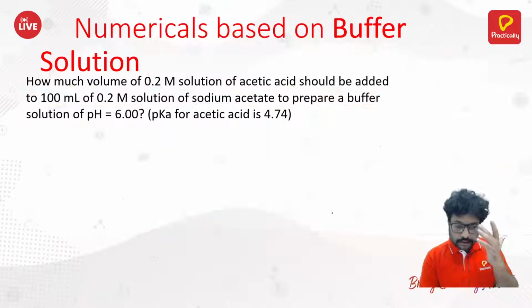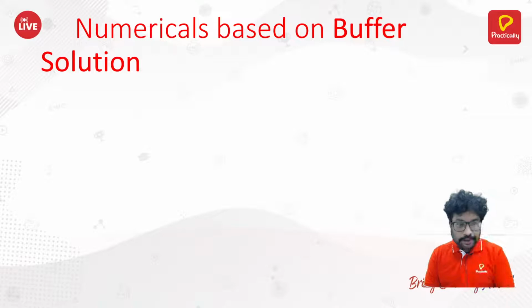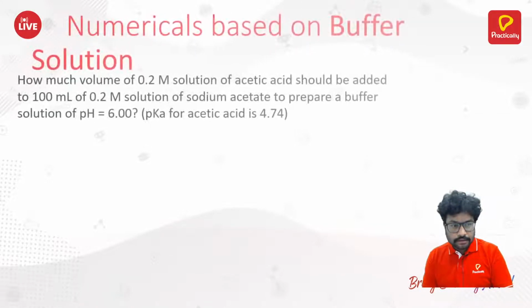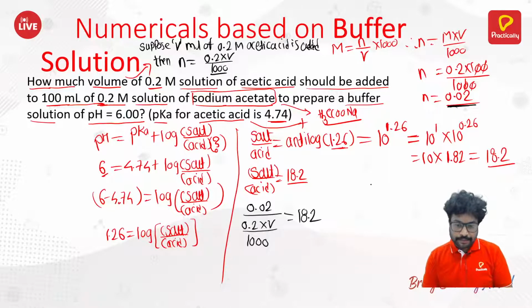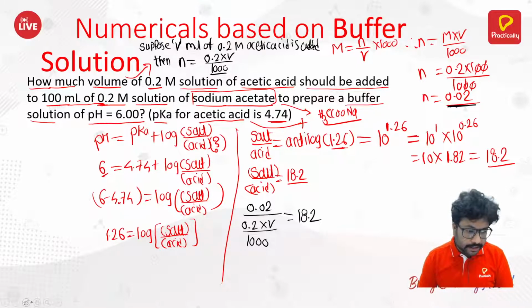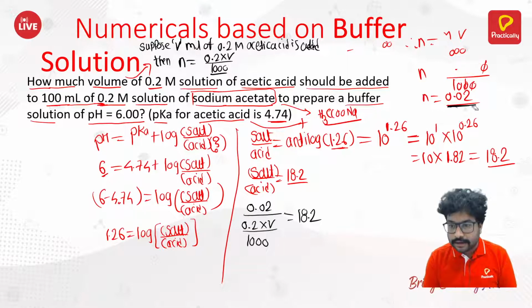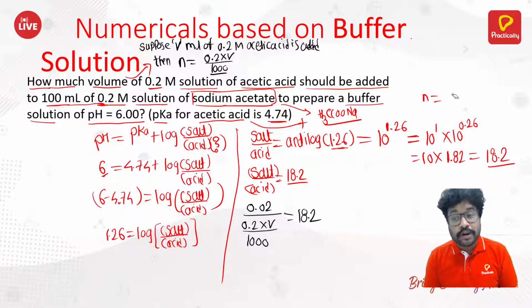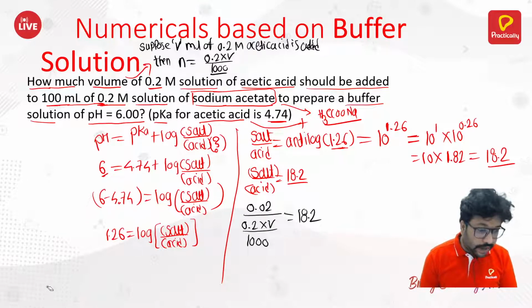I don't have space here, so I will rub this down. I hope you have understood the calculation. If you want to see it, you can pause and go back and check it.